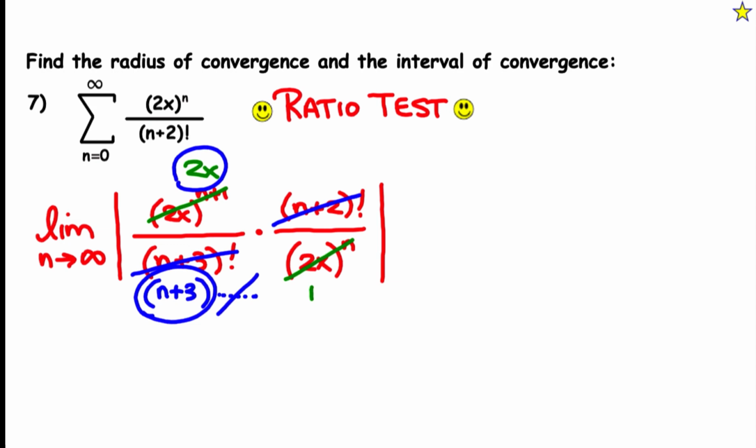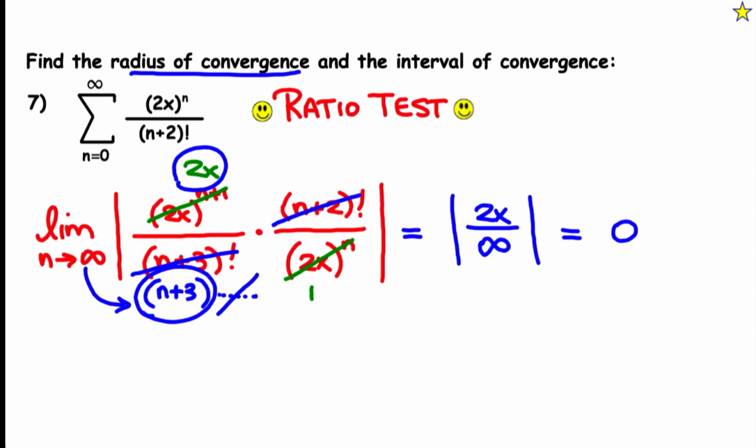But remember, n is heading towards infinity. So actually what you have is 2x over infinity plus 3. And I can tell you what 2x over infinity is. It's 0. All right, we want the radius of convergence and the interval of convergence. If we want the ratio test to converge, we have to make sure that this little item right here is less than 1.